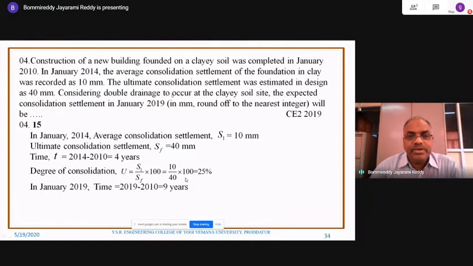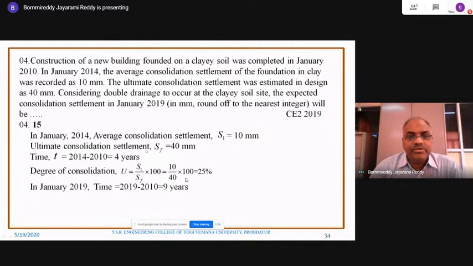Considering double drainage to occur at the clay soil site, what is the expected consolidation settlement in January 2019? The time from January 2010 to 2019 is 2019 minus 2010, because the base period is 2010. So it is 9 years.